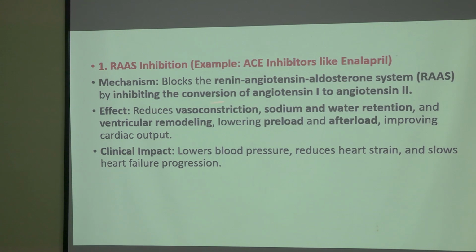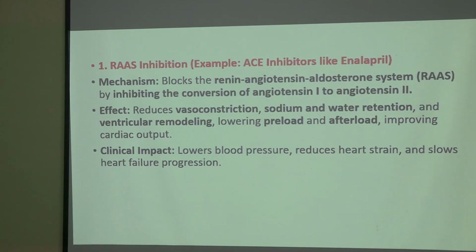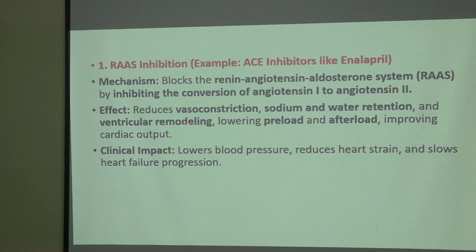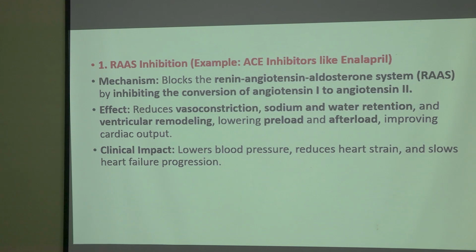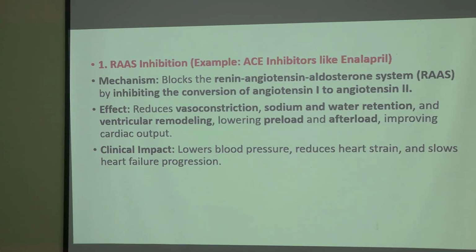The effect is it reduces vasoconstriction, meaning it improves the blood vessels so that blood flow can occur, and it also changes the retention of sodium and water, as well as it changes the ventricular remodeling patterns, right? It lowers the preload and afterload that ultimately helps to improve the cardiac output, which is very, very important for the subjects who are having these particular symptoms.